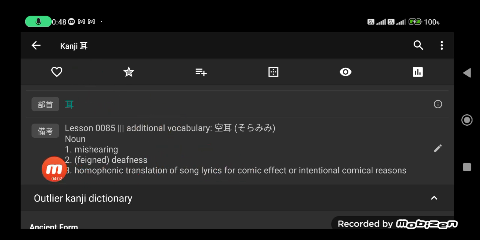Soramimi has 3 definitions, but I would say definition number 2 and especially definition number 3 are the most befitting. It's homophonic translation of song lyrics for comic effect or for intentional comical reasons, and it's also a feigned deafness. Among these 3, the most prevalent definitions for soramimi are number 2 and number 3.